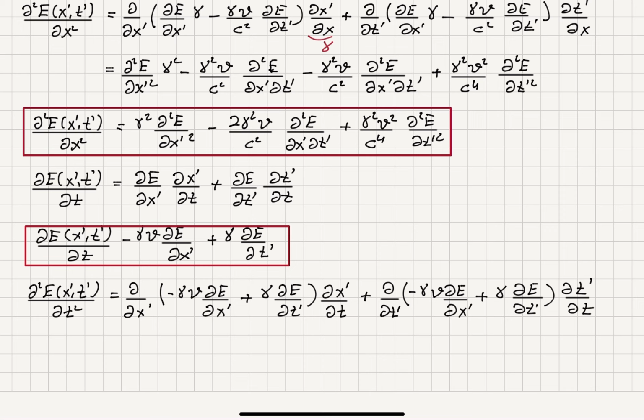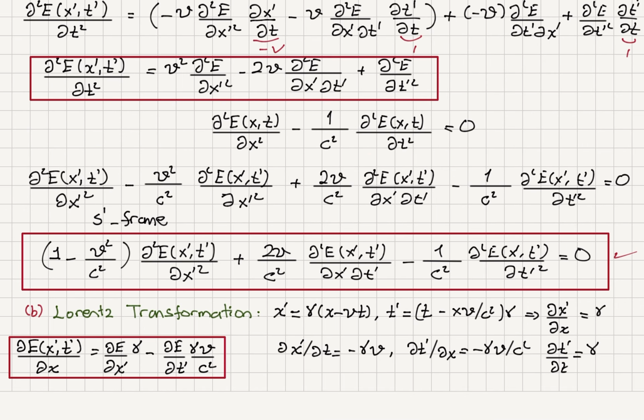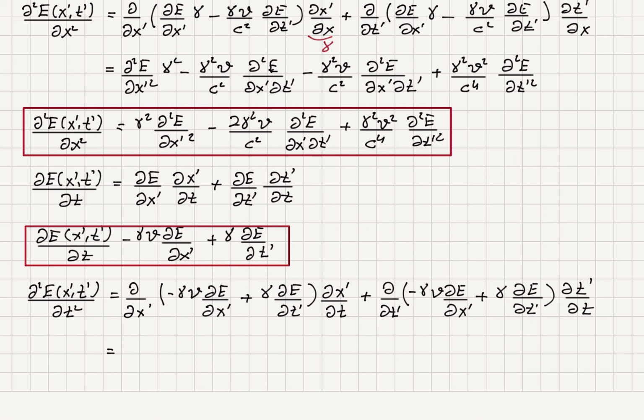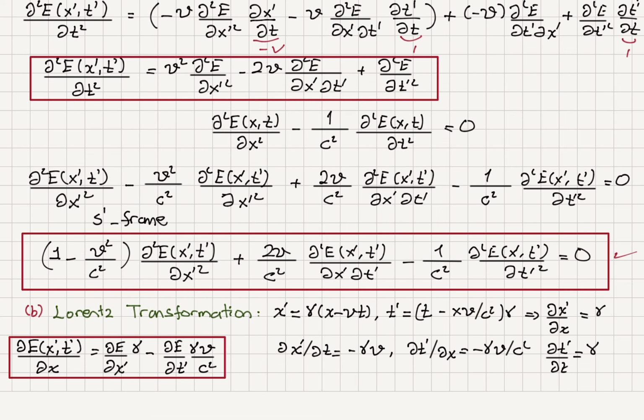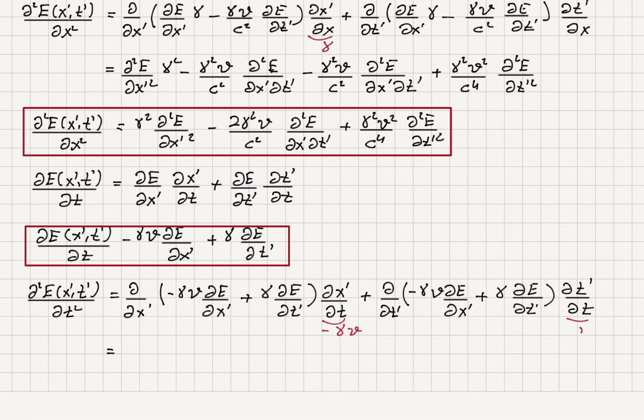So let's take a look here. ∂x'/∂t is here. It's minus γv. So for this one, I'm substituting minus γv. And for ∂t'/∂t, I'm substituting γ. So this is going to give me minus γv multiplied with minus γv, γ²v² ∂²E/∂x'².